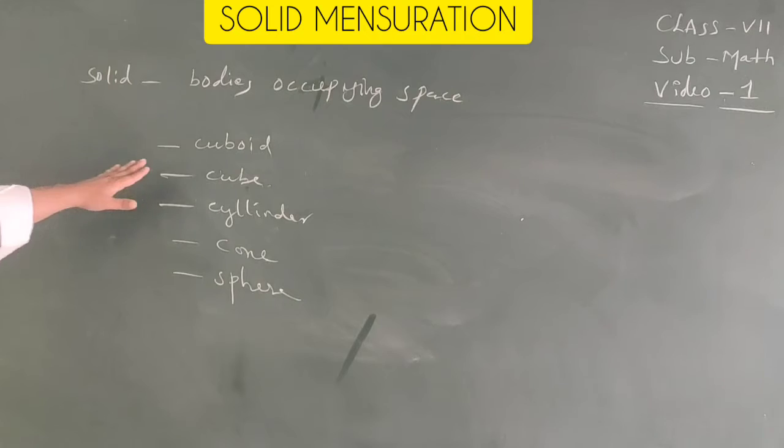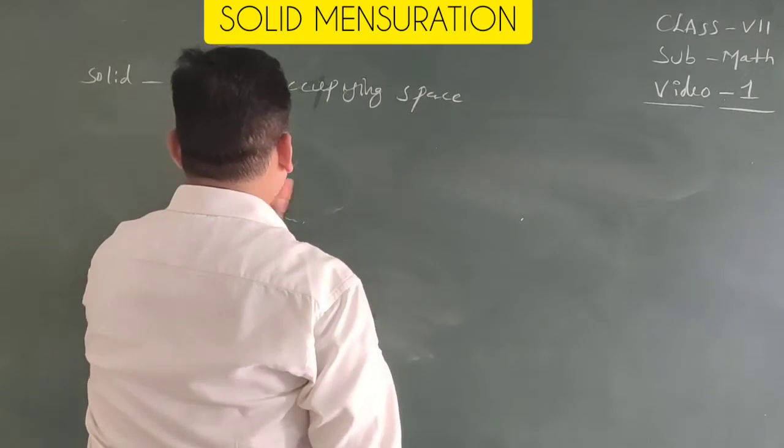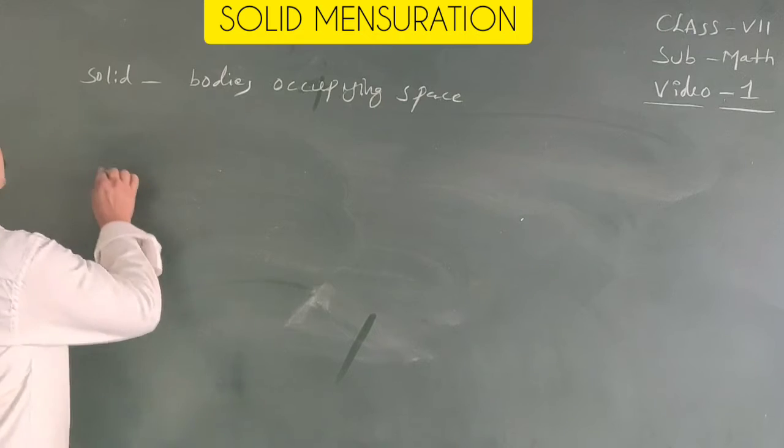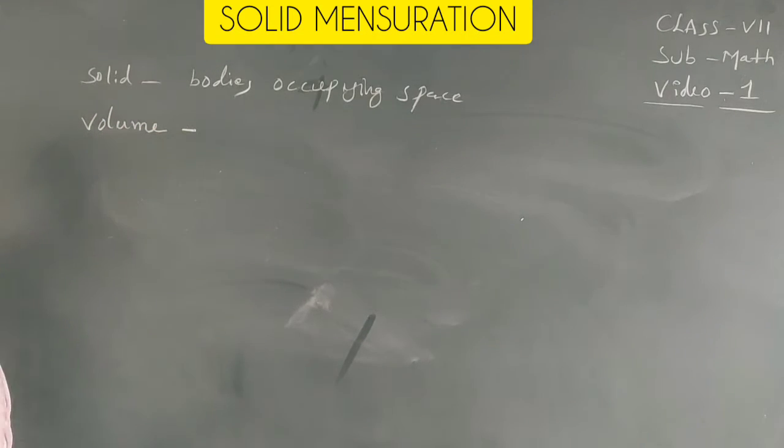Okay, these are some solid shapes. Next, volume of a solid. What is meant by volume? The measure of the space occupied by a solid body.